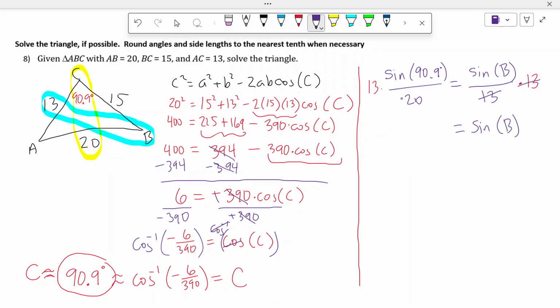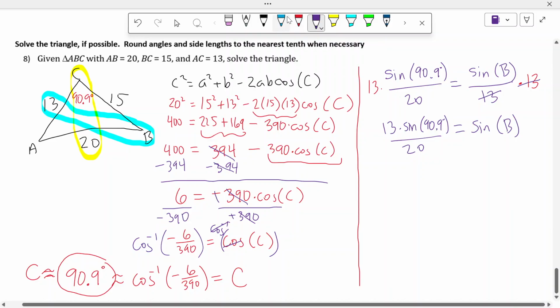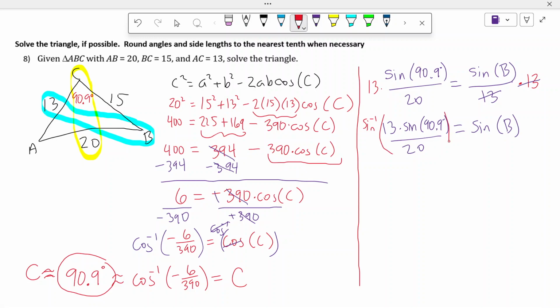In fact, we could crunch this on a calculator, but you could also just write this down for the moment. We'll grab the calculator in a second. We've almost got angle B by itself. All we have to do now is take the sine inverse of both sides, because we really want to get rid of the sine on this side.